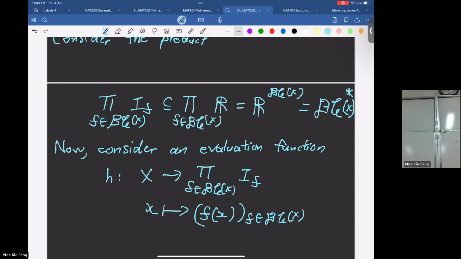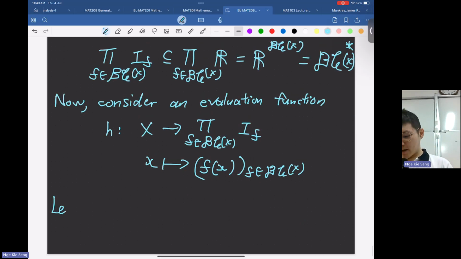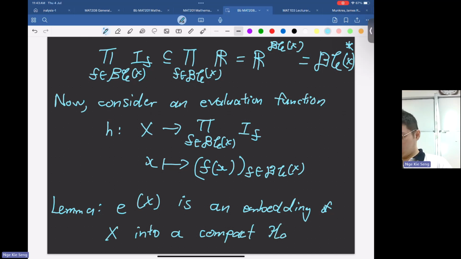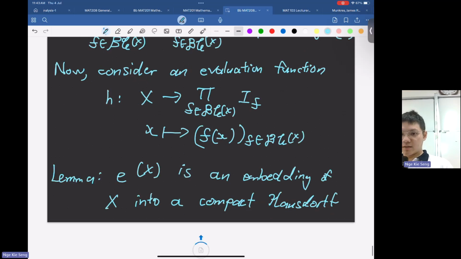Okay, and then later we will provide a compactification of this product space. So how do we provide a compactification here? So I use h here, right? So this is suggesting this h should be an embedding. Okay. So it is actually a lemma that h is an embedding of X into a compact Hausdorff space.